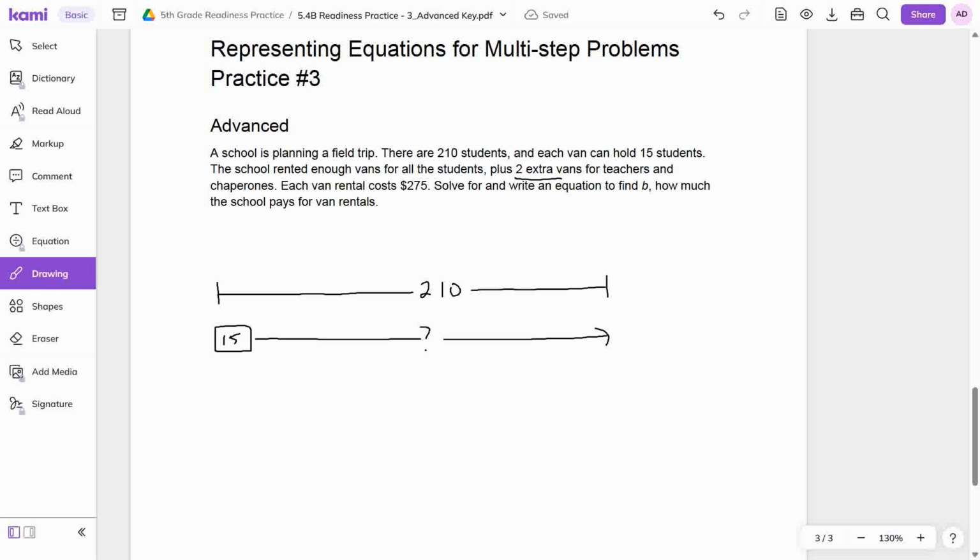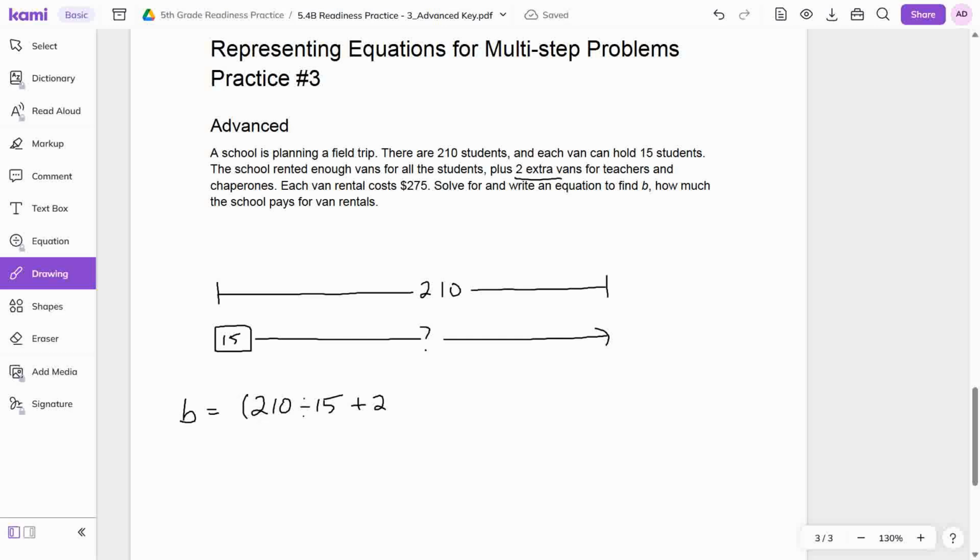Okay, so let's figure out, we're looking for B. Okay, so what I want to do is I'm going to take my 210, I'm going to divide that by 15. I need to see how many vans I need to purchase. Okay, once I do that, I've got to purchase an extra 2 vans because I need some for the teachers and chaperones.